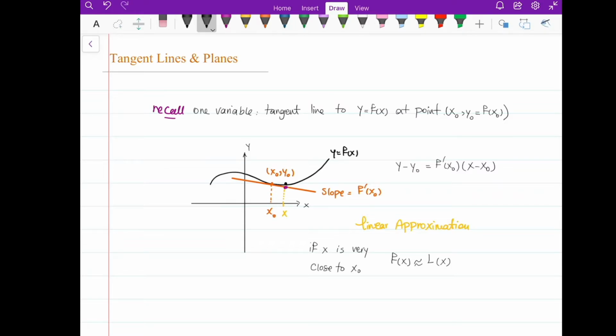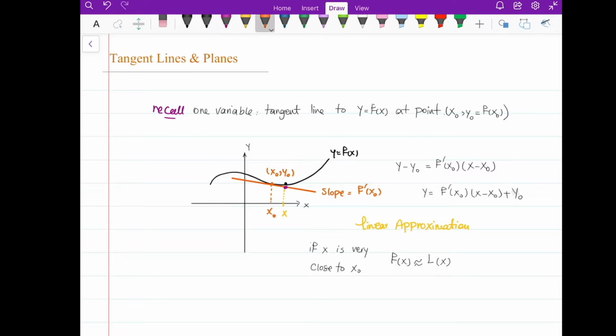What is the linear approximation? I'm going to look at the tangent line, and I'm going to bring y naught to the other side. So y would be equal to f prime of x naught, times x minus x naught, plus y naught. And y naught is basically the value of the function at x naught, which is f of x naught.